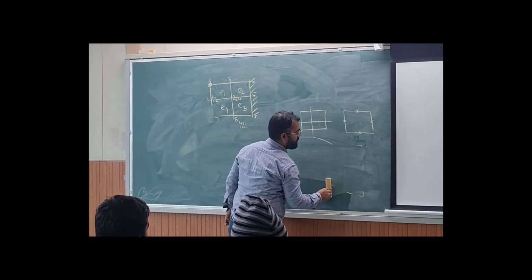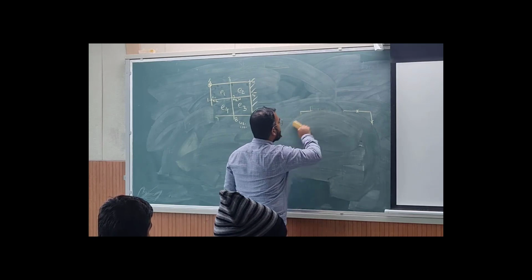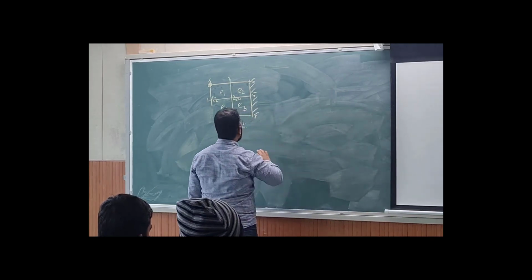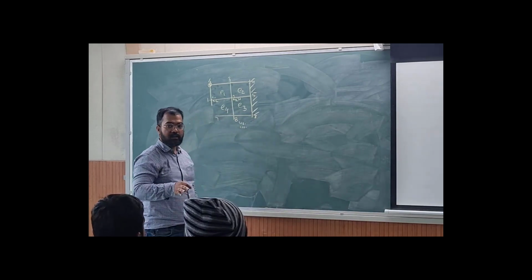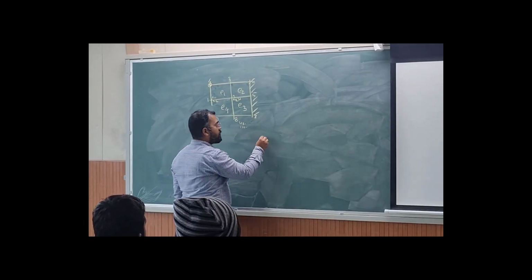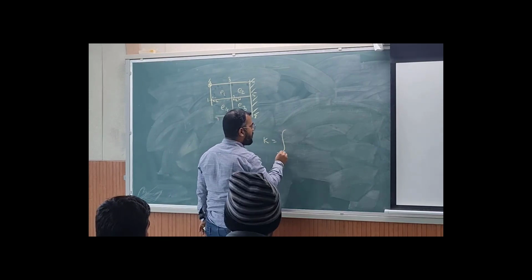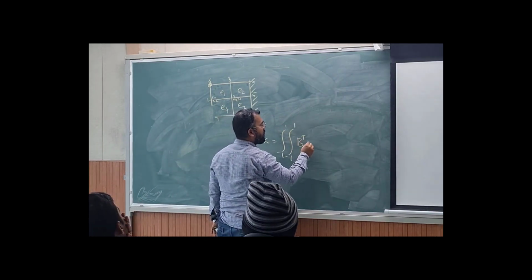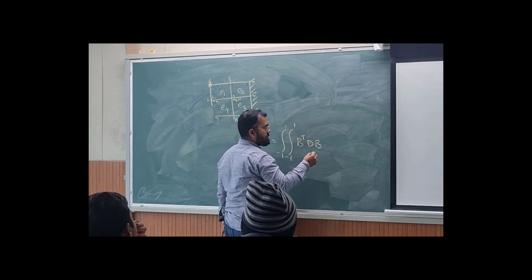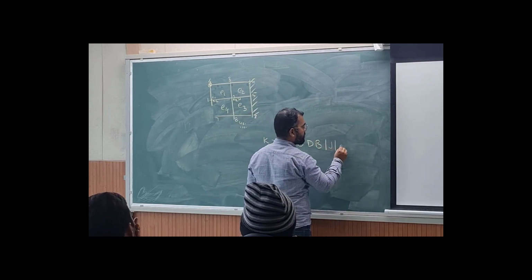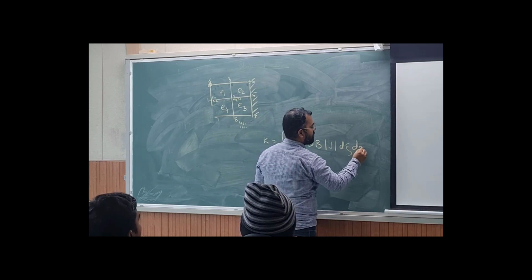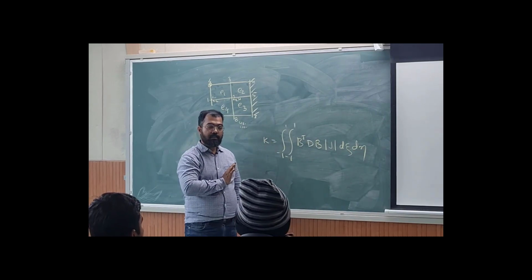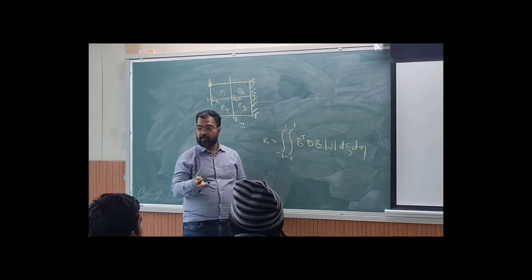How will we do the integration? This discussion was to assemble the stiffness matrix, but whatever order you get, you are getting the order of the matrix. How do you get the values? You will get the same order, 8 cross 8, but what will be those values?